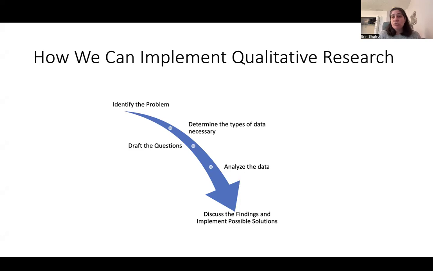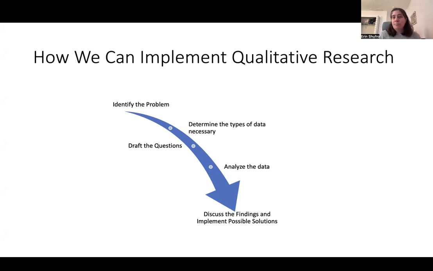So we want to ensure that as we're looking at the data and that we're doing this in both a deductive and inductive process, that we are not allowing our biases or our opinions to overshadow the voices of the folks that we're studying. So we want to analyze the data, but we want to do this in a very careful and deliberate way. We want to make sure that we have multiple eyes on the data so that it's not just one person who's looking for themes and coding the data and figuring out what's going on, right?